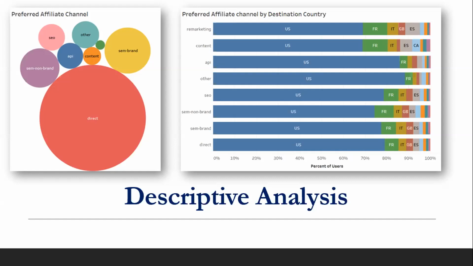However, if you just notice on the right hand side, the top two marketing channels, remarketing and content marketing, users gained from content marketing and remarketing have a higher proportion traveling to France and Italy as compared to the other marketing channels.